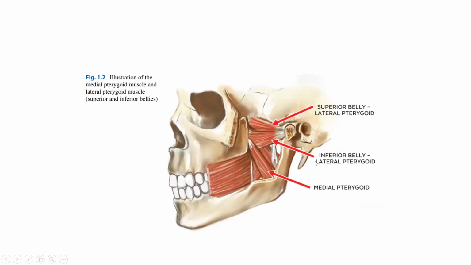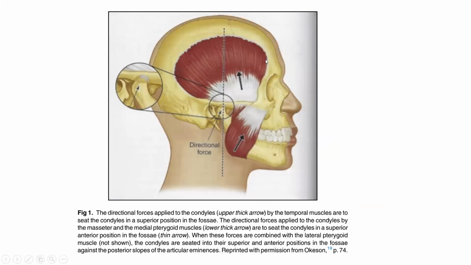These muscles of mastication help in the stability of the temporomandibular joint. When the temporalis muscle contracts, it pulls the joint in the superior direction, and when the masseter and medial pterygoid muscles contract, they pull it in the anterior and superior direction. When all these muscles together with the lateral pterygoid contract, they help position the mandible in the anterior and superior position.